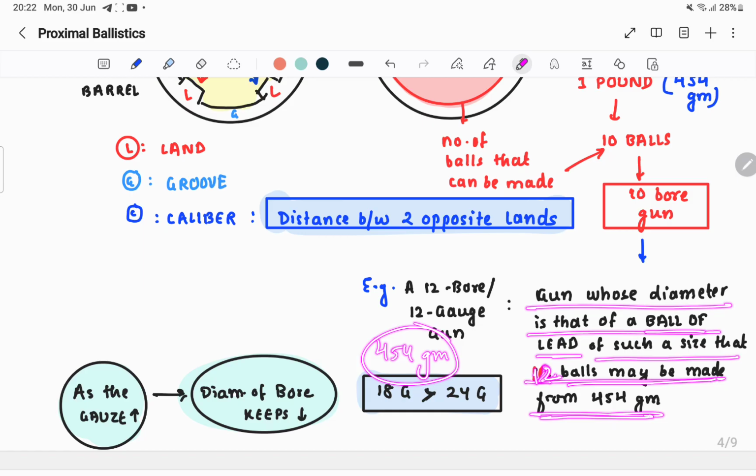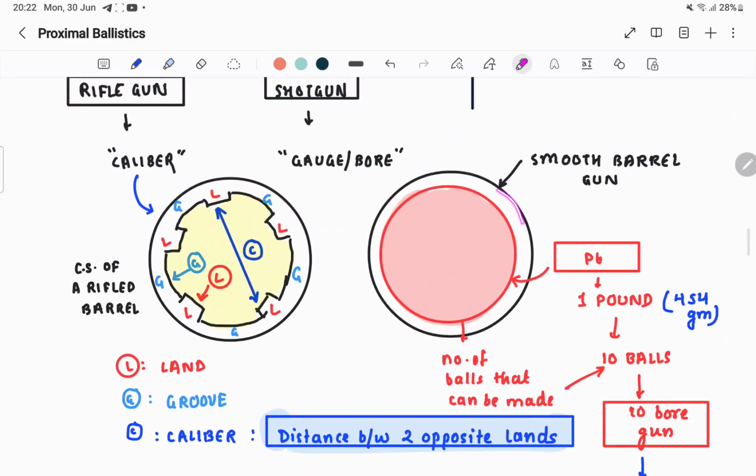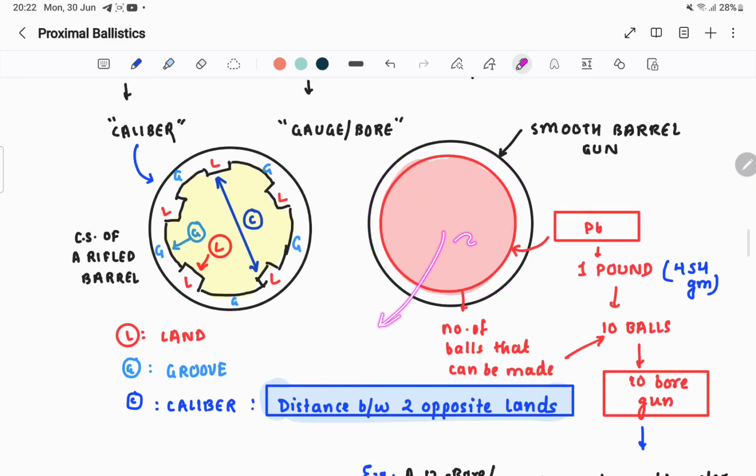Understand this thing. You take 1 pound of lead, 1 pound means 454 grams. How many balls can be made out of that is basically the bore of the gun.